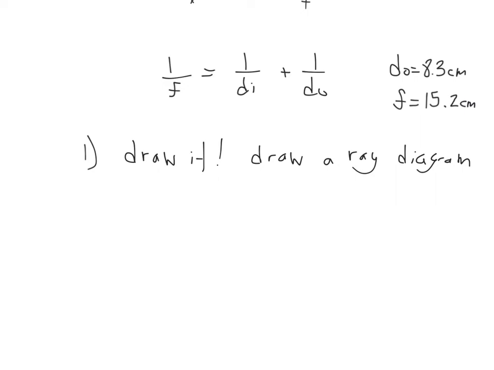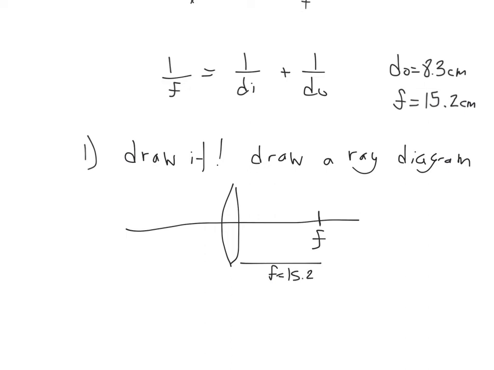Because the focal length is positive, that indicates to me that we're using a converging lens. And you don't have to draw the exact distances, you just have to approximate. So here's our focal length, and our distance of F is going to be 15. So F is equal to 15.2. And our object is only going to be 8 centimeters away.